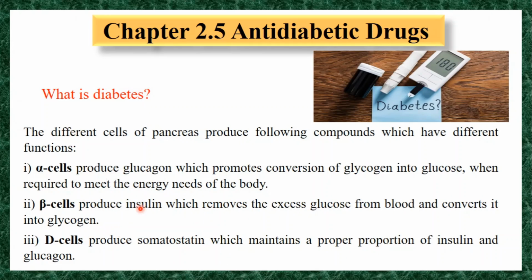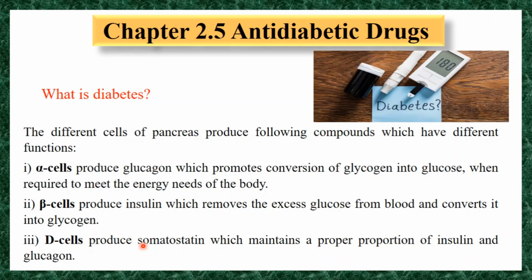So in a normal person, there is a coordination in the functioning of alpha, beta and D cells. But due to the onset of diabetes, this equilibrium is disturbed as insulin is not produced or is insufficient. Insulin controls the metabolism of carbohydrates, lipids and proteins. In the absence of insulin, glucose is not metabolized at a normal rate.